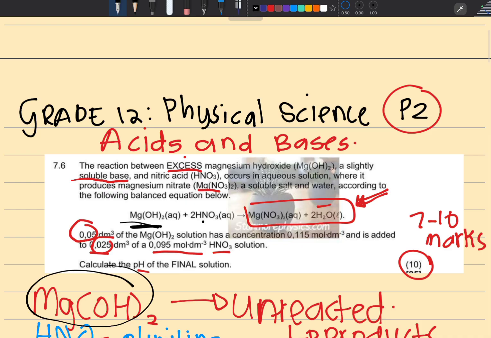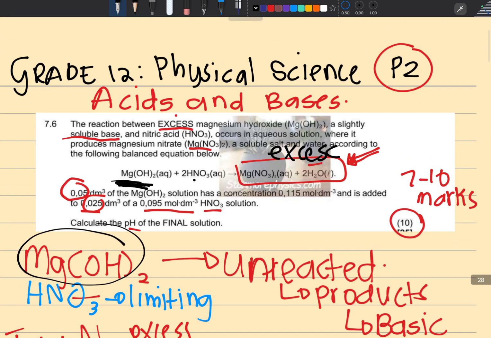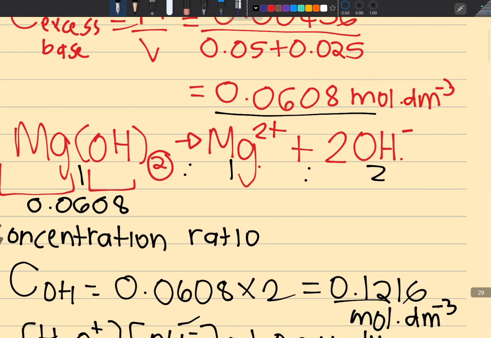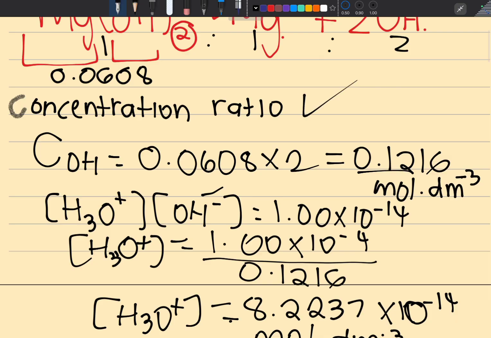That's why they want the pH, because you need to find how much of this we are going to have. So this whole calculation was to work out the excess magnesium hydroxide. Then from that, I'm able to dissociate it because they said it's soluble. Then I do concentration ratios. We are allowed to use concentration ratios only on dissociations and ionizations of acids and bases. Then from there, you can do the calculation.